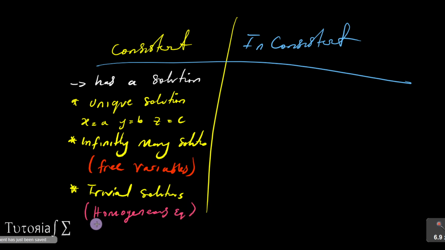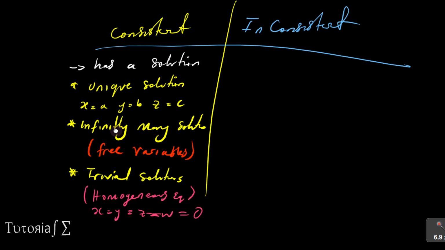This is where the variables are all equal to 0. That is, x is equal to y is equal to z is equal to w, whatever variables that we have, and all these are equal to 0. So that is a trivial solution.